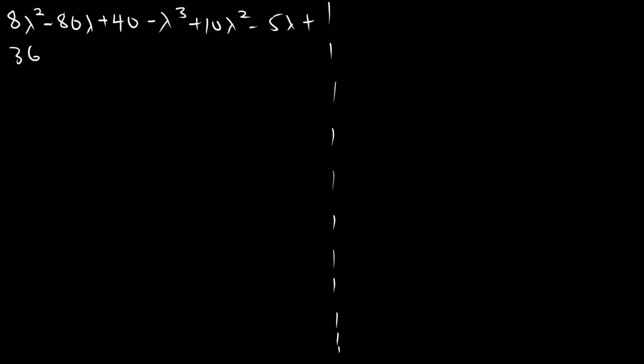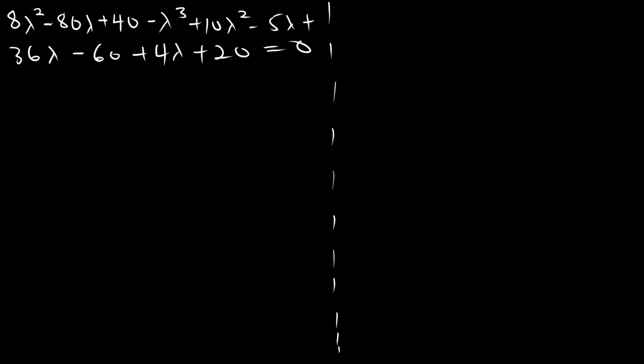So when you reduce the equation further, you are going to have 8 lambda squared minus 80 lambda plus 40 minus lambda cube plus 10 lambda squared minus 5 lambda plus 36 lambda minus 60 plus 4 lambda plus 20 equal to 0.